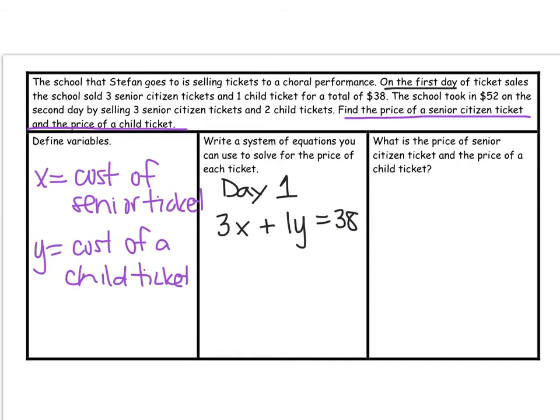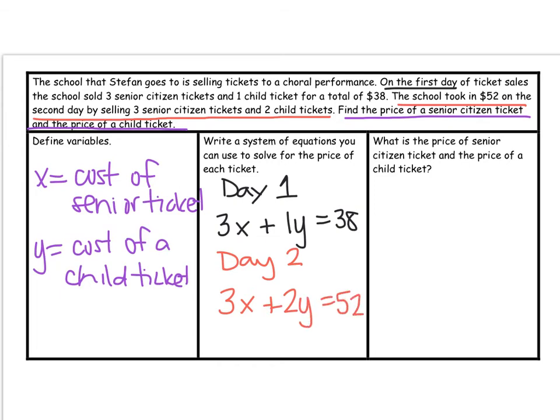On the second day, they took in $52 by selling 3 senior tickets and 2 child tickets. So on day 2, they sold 3 senior tickets plus 2 child tickets for a total of $52.